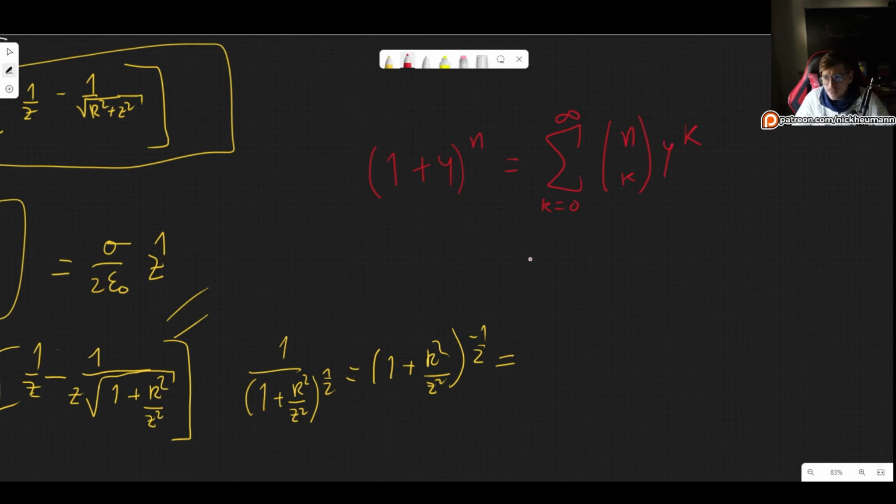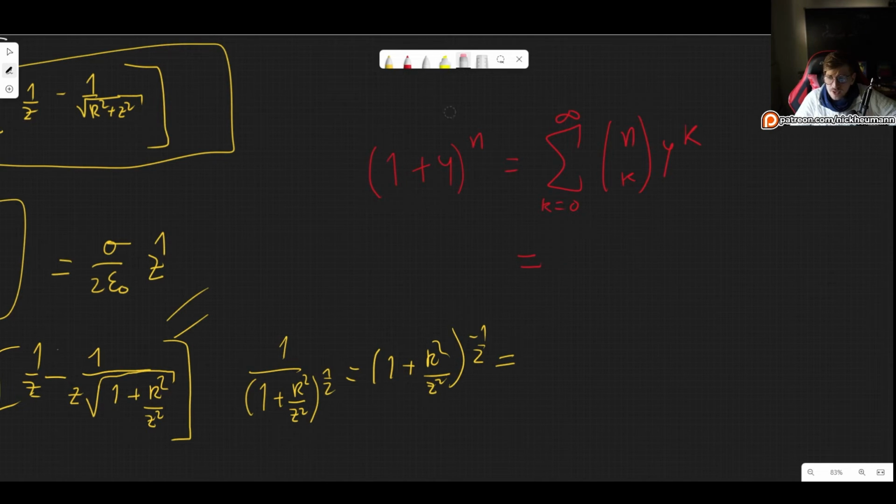Now, what does that mean? Well, that simply means, right, if we expand this, first we have the term where k is equal to 0. That means n over 0, y to the 0, which is, of course, simply 1, right? This n factorial over n minus 0 factorial, that's simply n factorial over n factorial, which is simply 1.